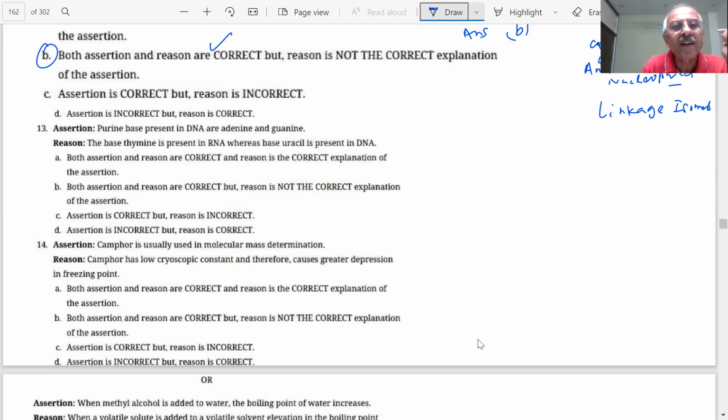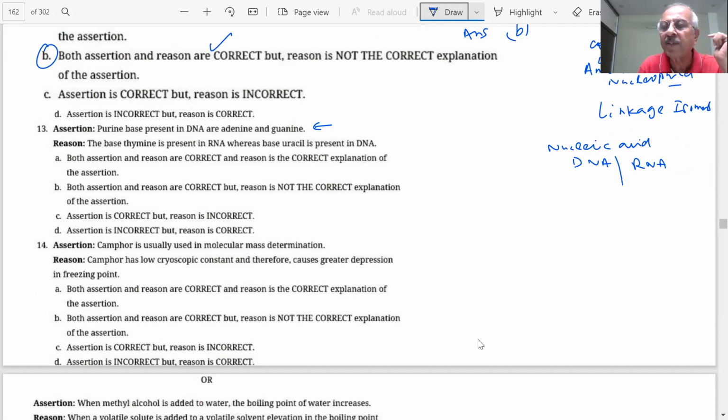Purine bases present in DNA are adenine and guanine. We studied, student, DNA and RNA. Nucleic acids, student. And in that I told you there are 4 bases which are present in DNA and RNA. And what are those bases, student?